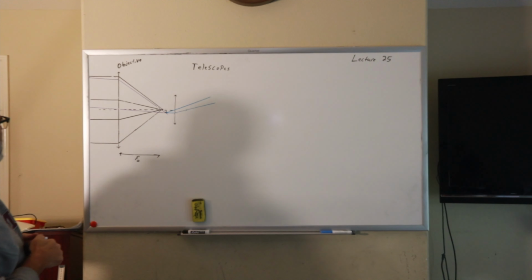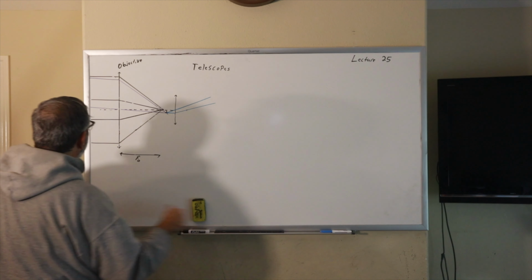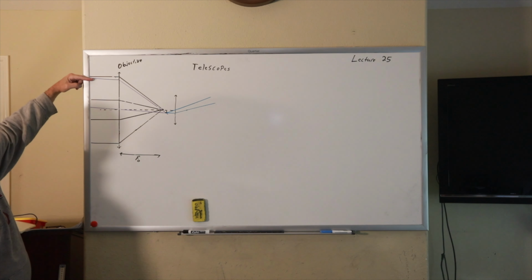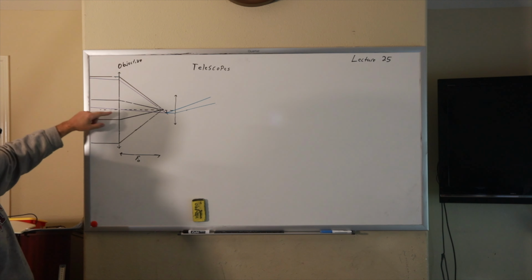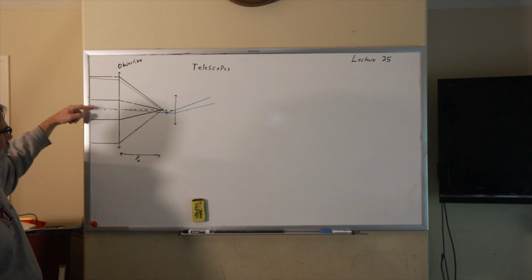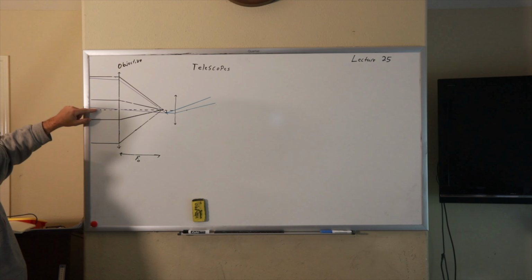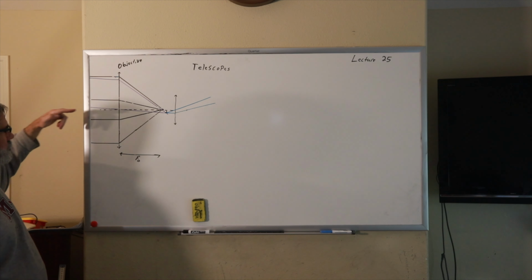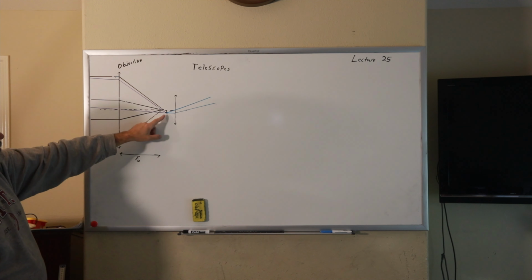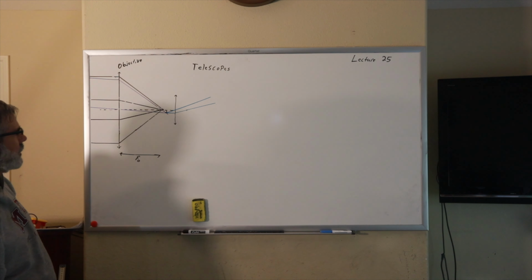See how that is coming in not quite parallel, but almost parallel to the optic axis? And then this is a ray that's going directly through the center of the lens, so it doesn't bend at all. And it too makes a very small angle with the optical axis. So it's almost parallel to it, but not quite. And so you can see that it's going to focus back here.